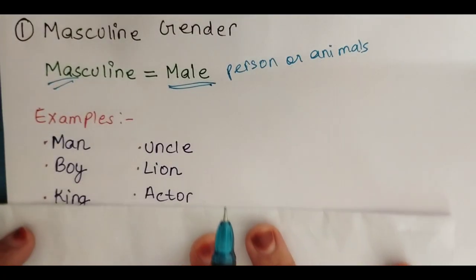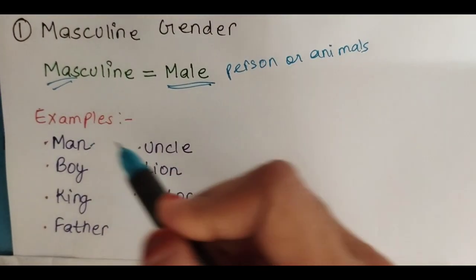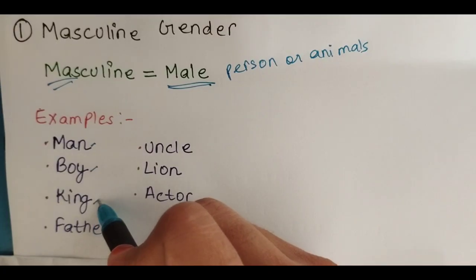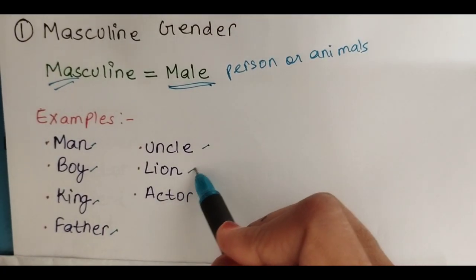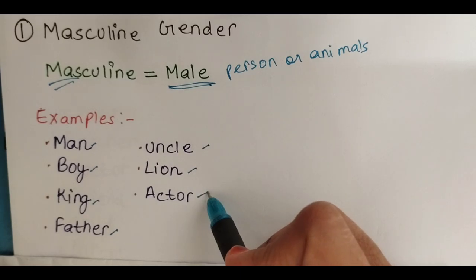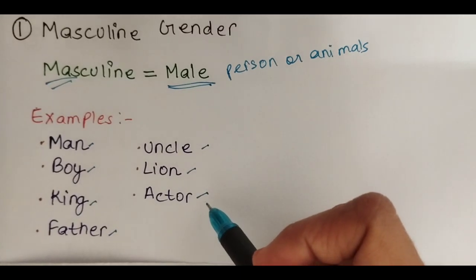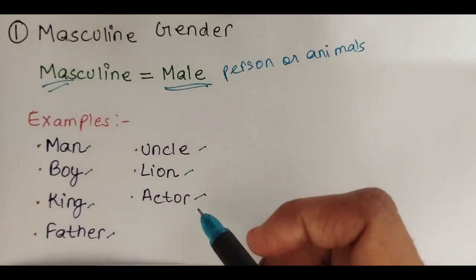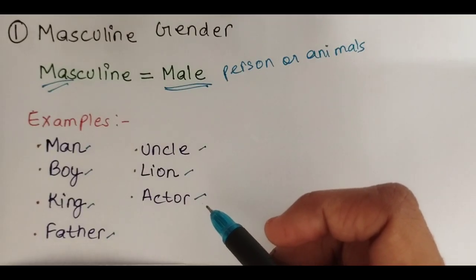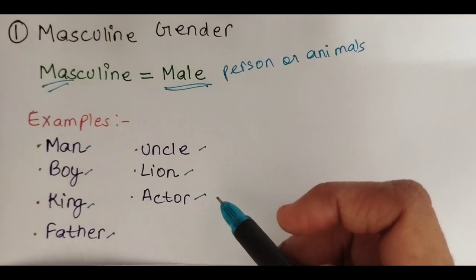For example, man, boy, king, father, uncle, lion, actor, or anything that is of male type comes under the masculine gender. Okay, clear? Have any problem? If yes, then comment here.